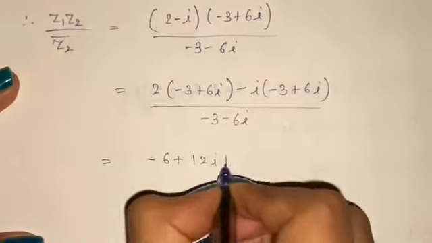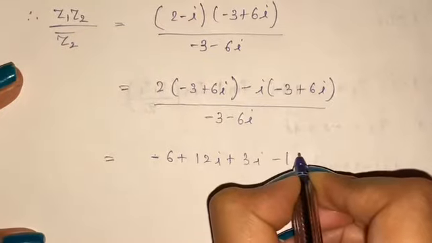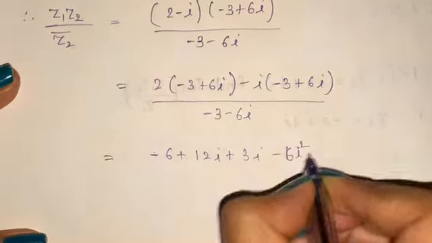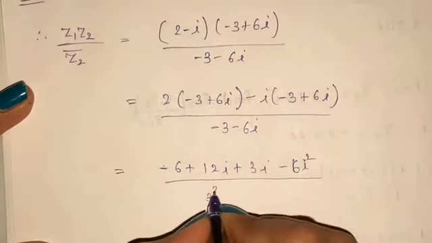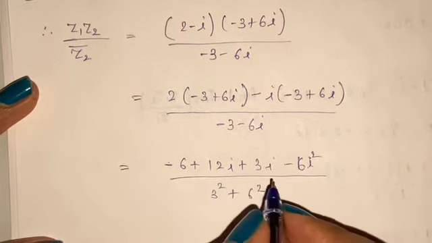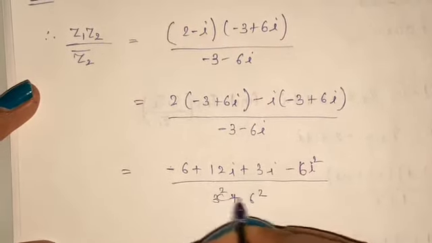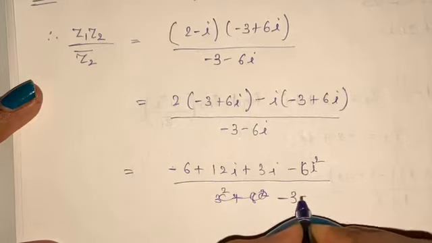is equal to, you will get minus 6 plus 12i plus 3i minus 6i squared, divided by minus 3 minus 6i.